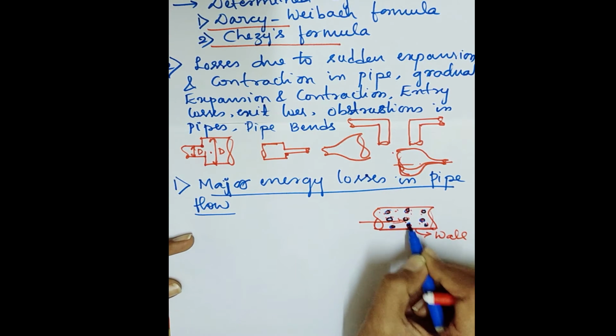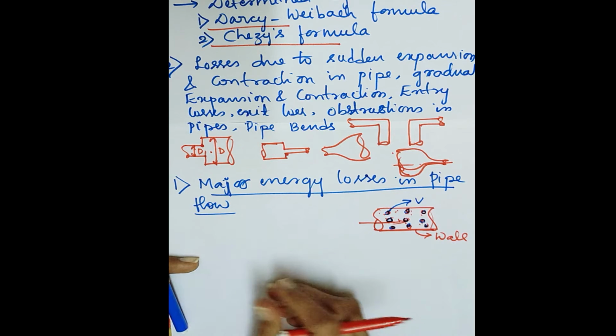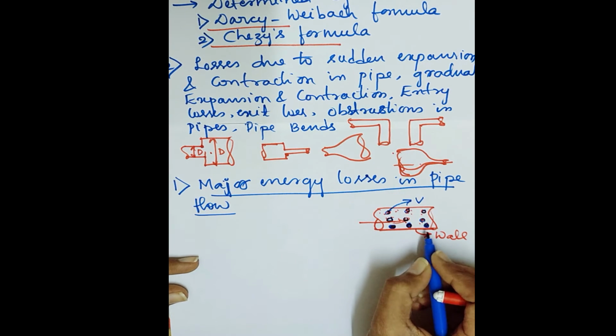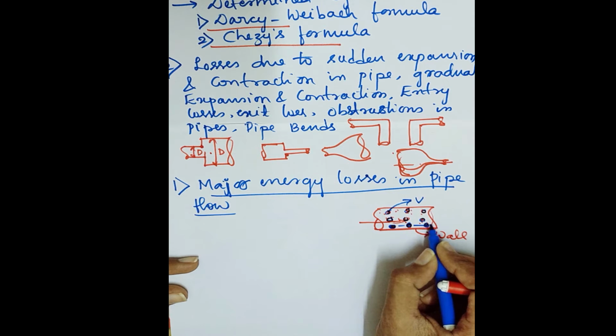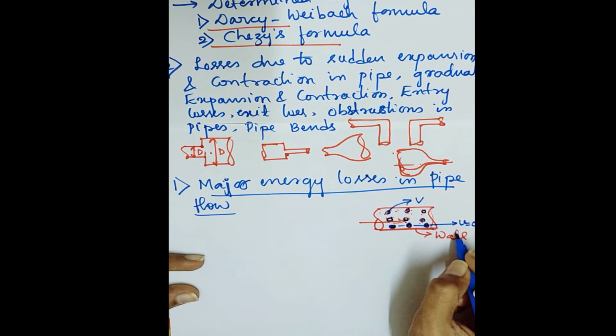So what happens to the velocity of these particles? Whatever particles are present next to the walls, the velocity of these particles will be 0.